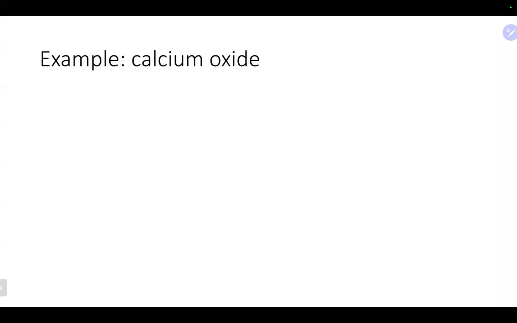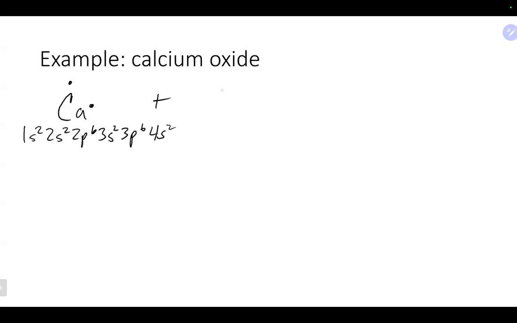Let's take a look at another example. Let's take a look at calcium. Calcium there is group 2 on the periodic table, which means it should have 2 valence electrons. It also would have an electron configuration of 20, which is 1s2, 2s2, 2p6, 3s2, 3p6, and 4s2.